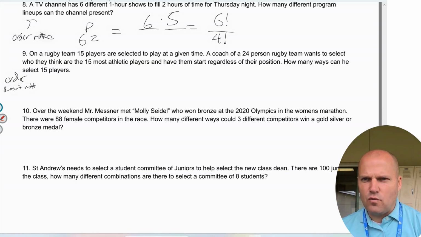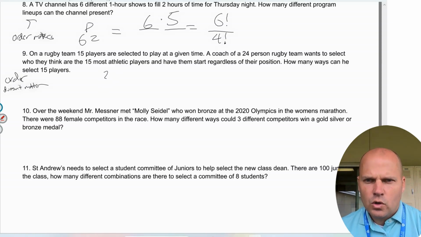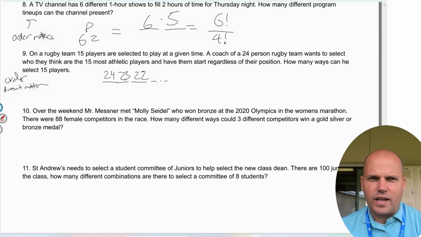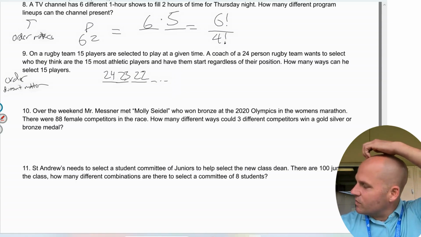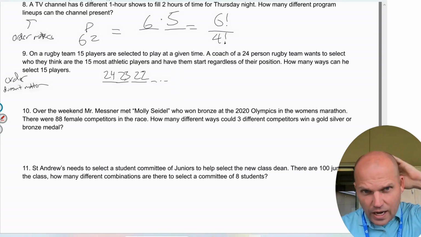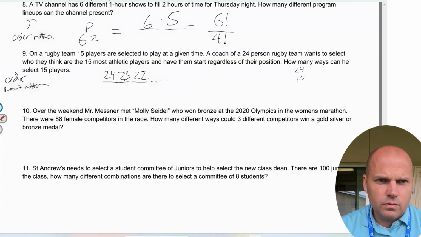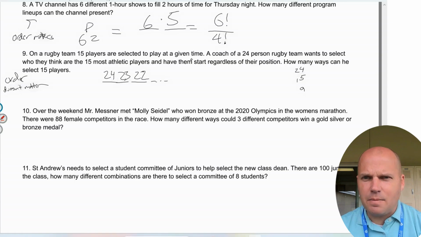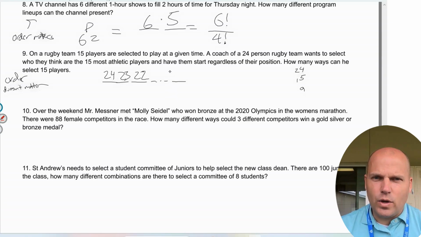So that means we have to remove all of those different possibilities. I start with 24, then I have 23, then I have 22, and I'm going to go all the way till I've picked 15 players. So that means I need to figure out what I go to. 9. So I have 9 players that are not selected.